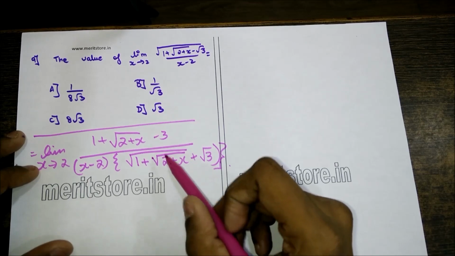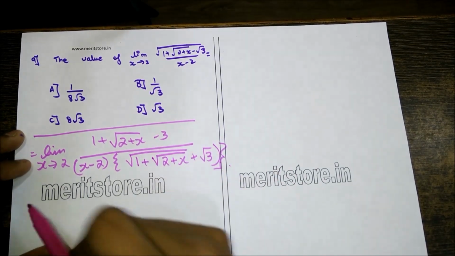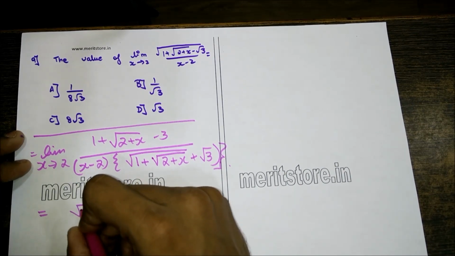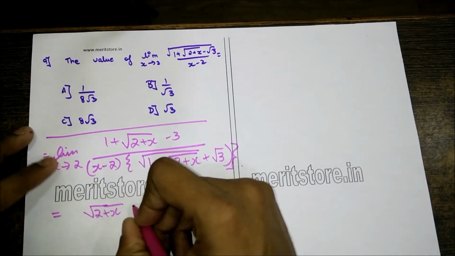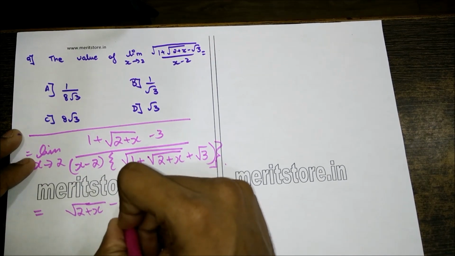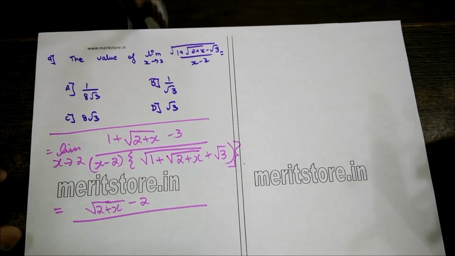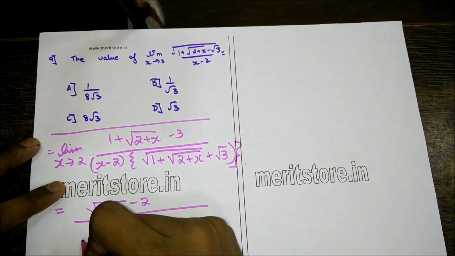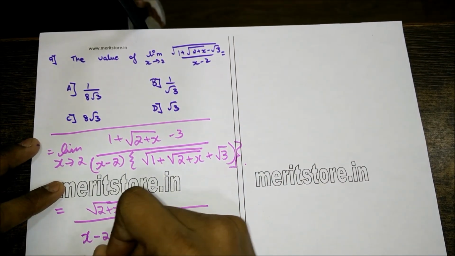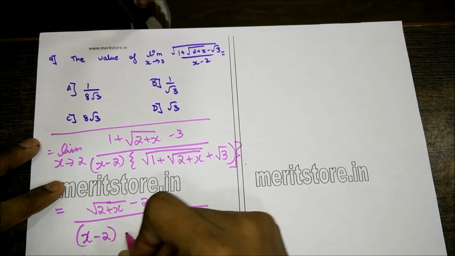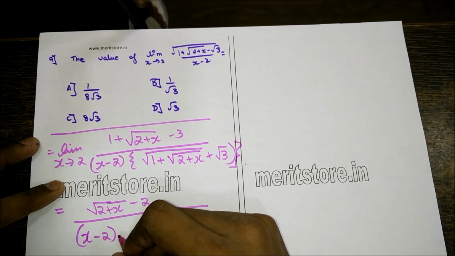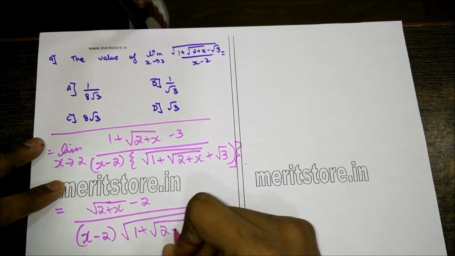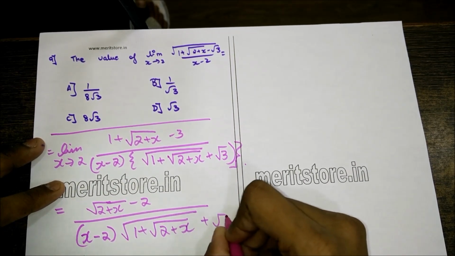This we get by multiplying and dividing by the conjugate of the numerator. So that gives us root of 2 plus x minus 2 upon x minus 2 into root of 1 plus root of 2 plus x plus root 3.